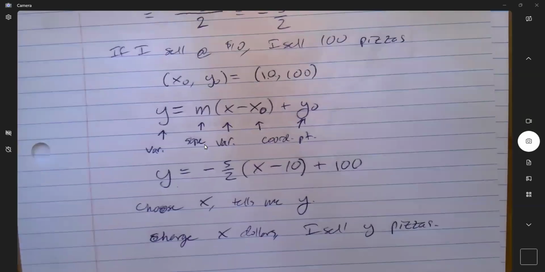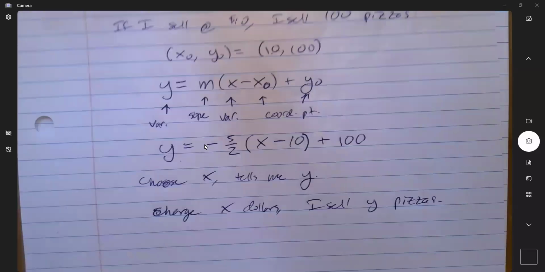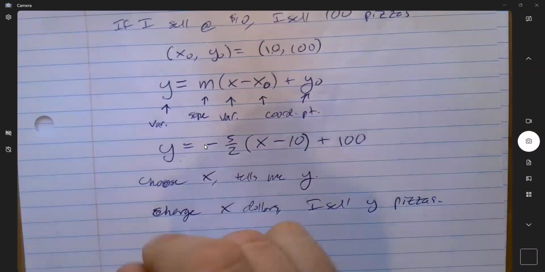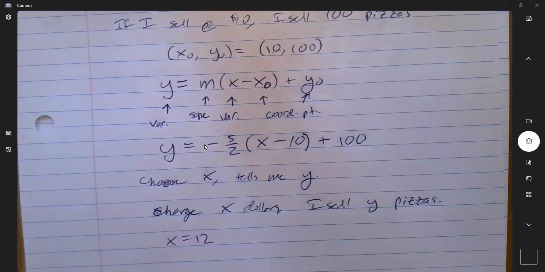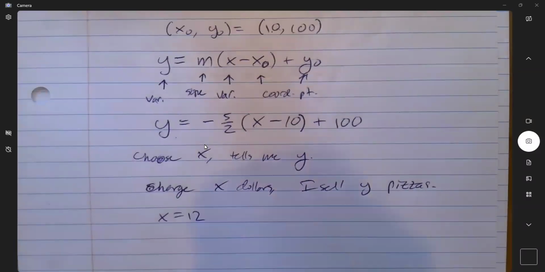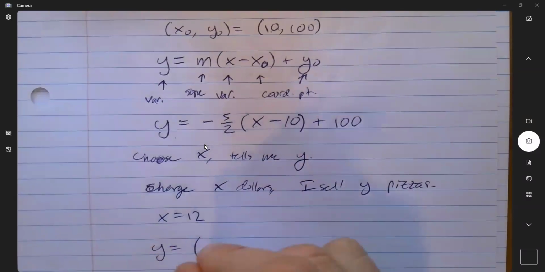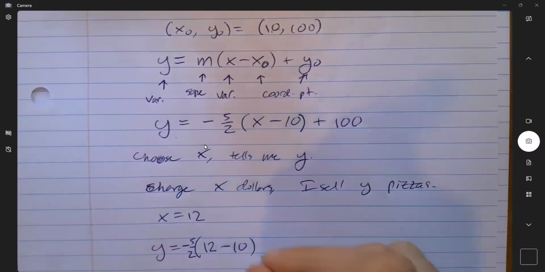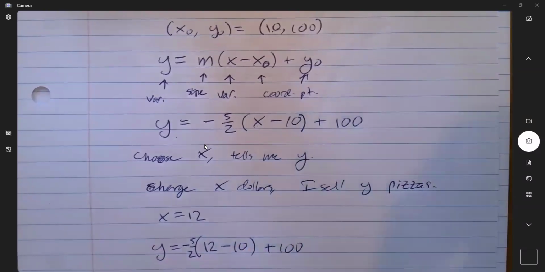So let's try that. Let's suppose that I sell for $12. So my formula would say Y equals minus 5 halves times 12 minus 10 plus 100.